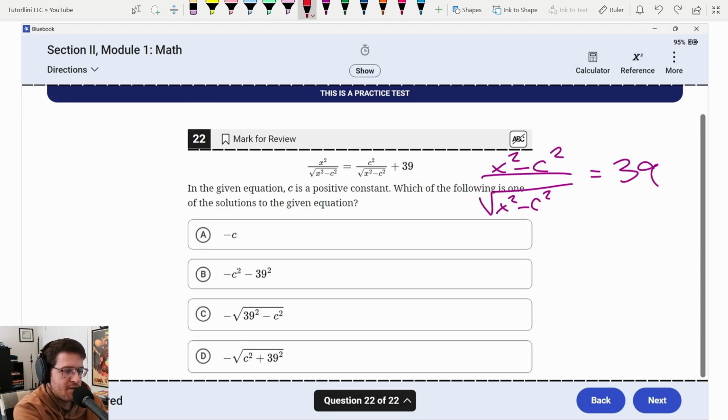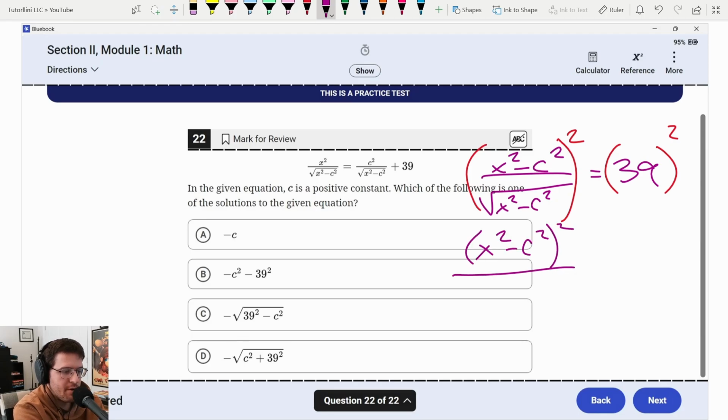Now what I'm going to do is square both sides to get rid of the radical. So I get x squared minus c squared, squared, over the square root of x squared minus c squared squared. The square root just goes away. So x squared minus c squared equals 39 squared. I could put that in a calculator, but looking at the choices, why don't we leave it as is?